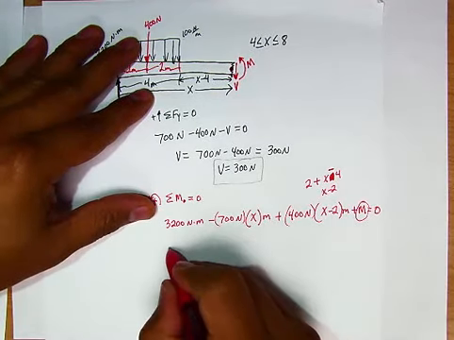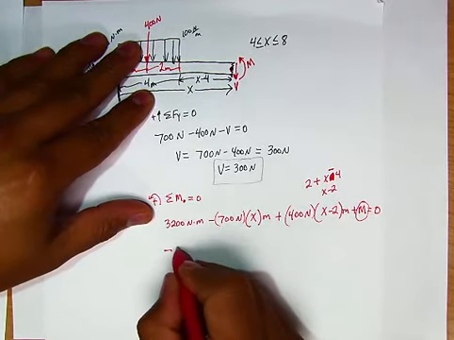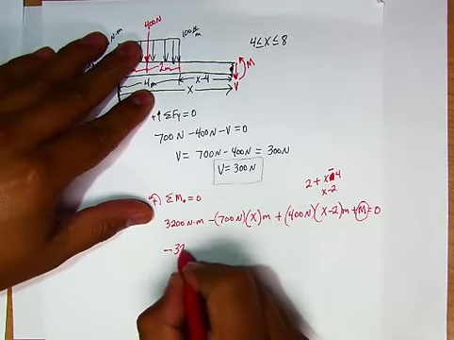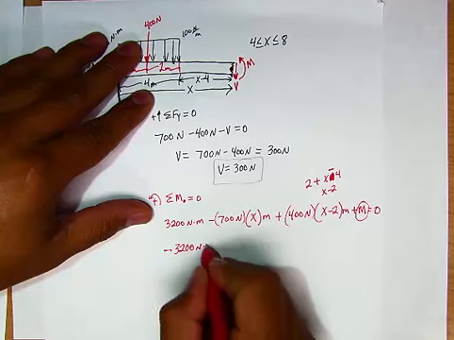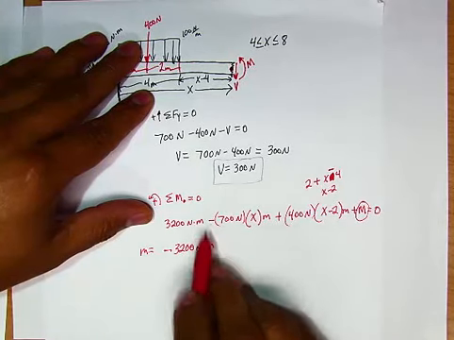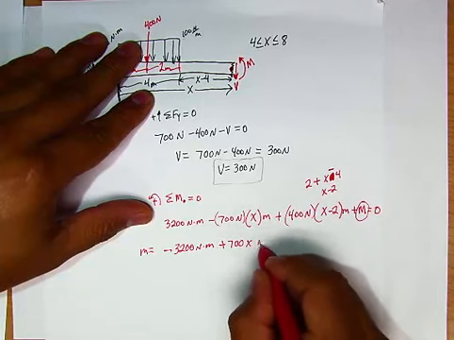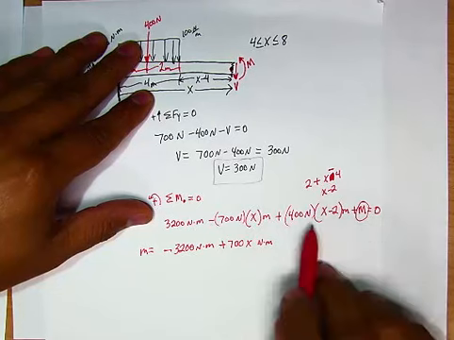So we end up with negative 3,200 Newton meters. This is negative, so it becomes positive, plus 700x Newton meters.